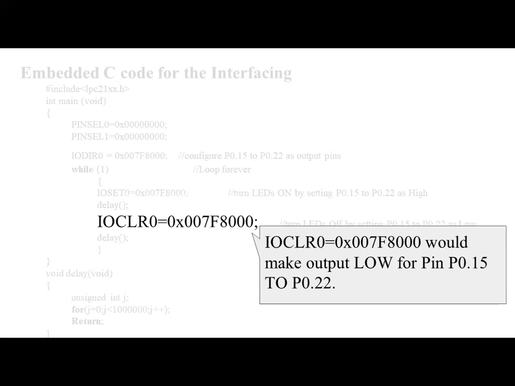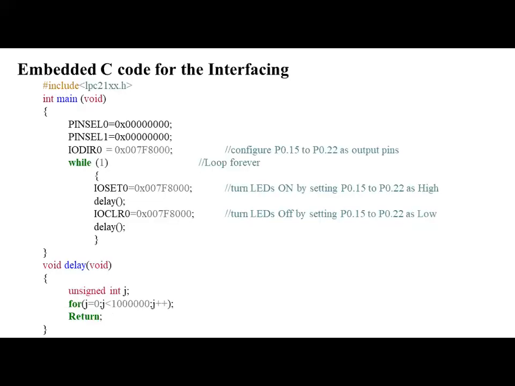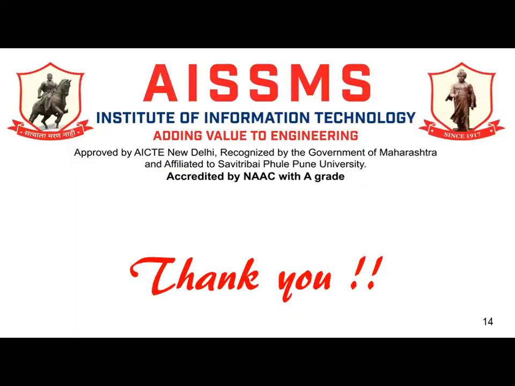Now clear is also required. IOCLR0, that is 0x007F8000, would make output low for pin number P0.15 to P0.22. This is the complete embedded code for interfacing of LED with the LPC2148.